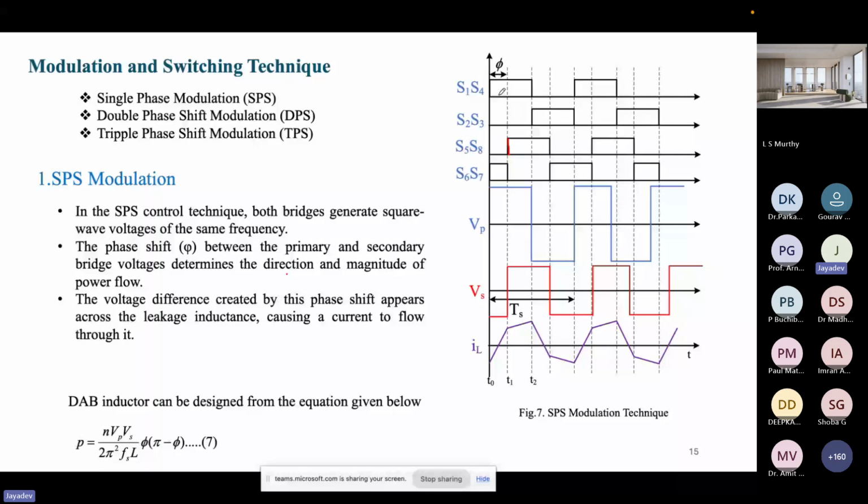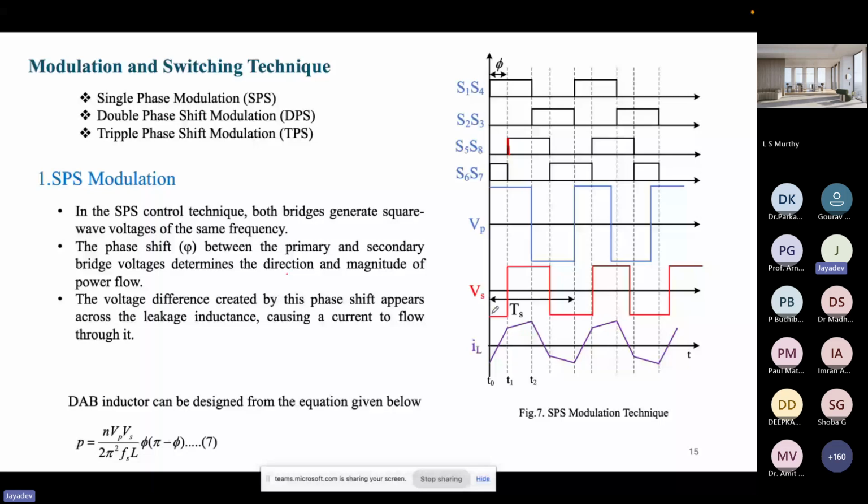If you plot the voltage across the bridges, VP is the primary bridge voltage and VS is the secondary bridge voltage. You get a square wave this way, and the secondary bridge voltage is phase shifted by the angle phi. Similarly, the voltage difference between the bridge voltages decides the inductor current slope and value.